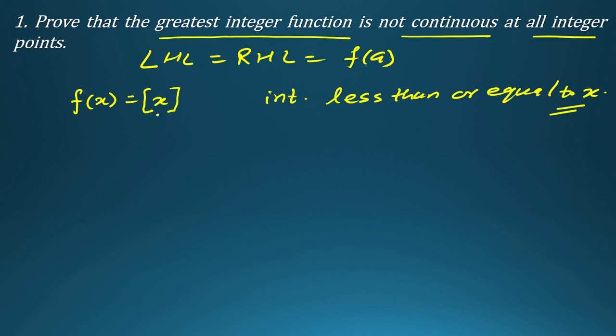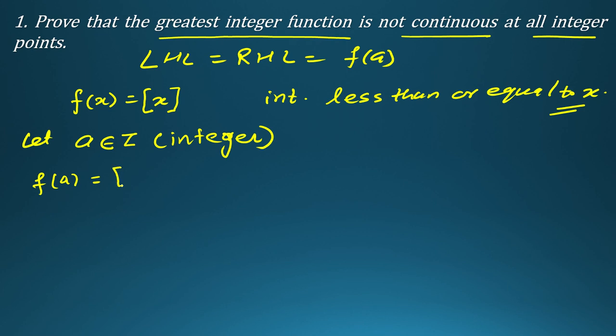So it has to be an integer, that is for sure. Now let a be any real number, or you can say any integer, because we have to check for integers. When a is an integer, then f(a) will be equal to the greatest integer of a, which is a, because it is an integer.